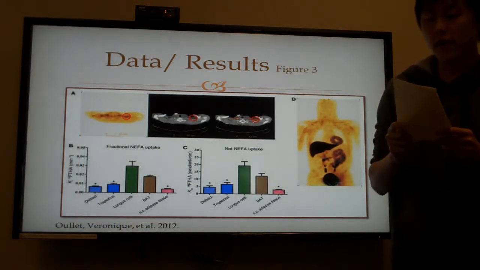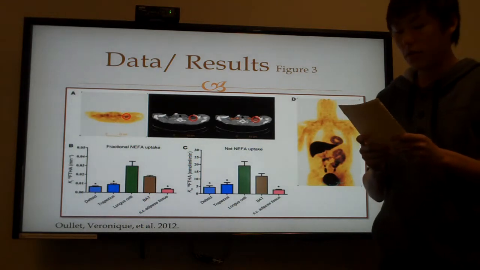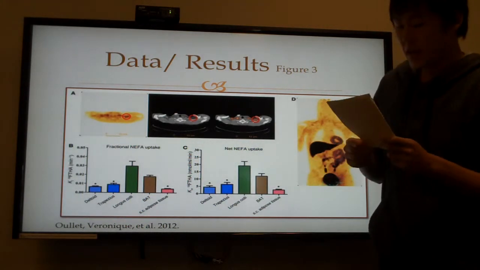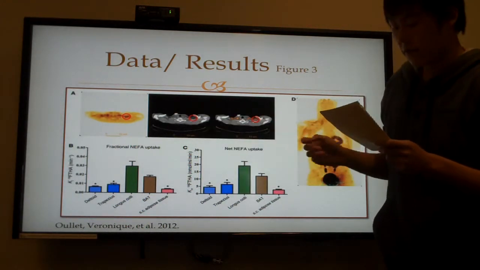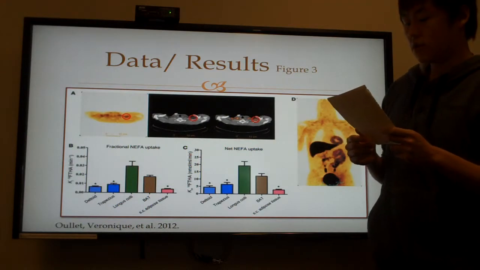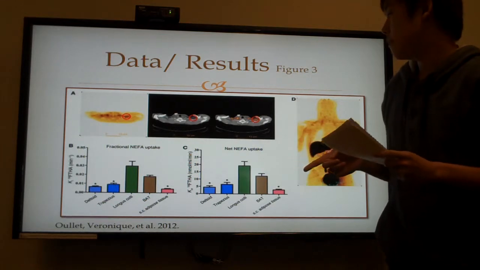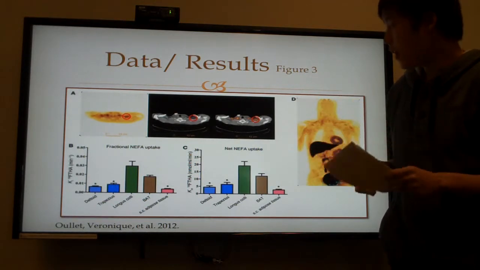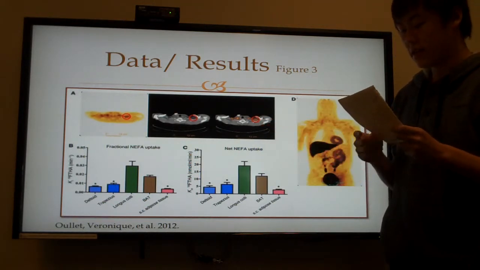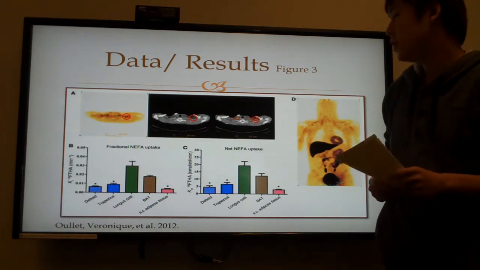Okay, from part A in figure 3, we can see the PET, CT, and fusion scan views of the thoracic junction in one of our participants, and the red circles here indicate the location of BAT.